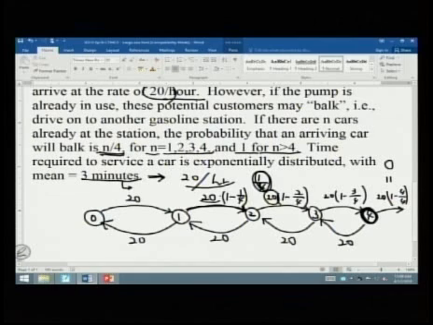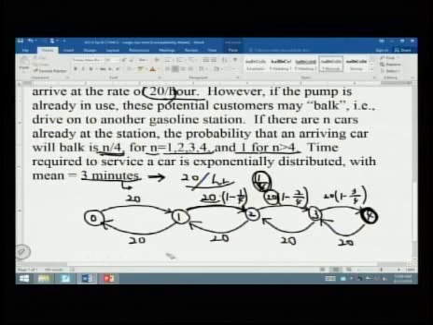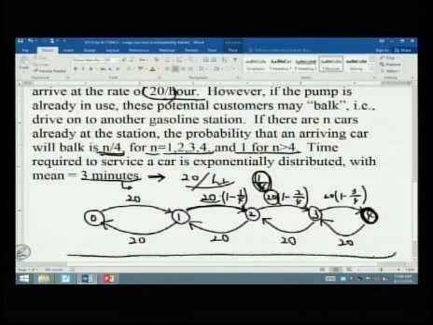The arrival rate would be 0. So we're not going to include this. So this is the complete transition diagram for our case, the continuous time Markov chain model.